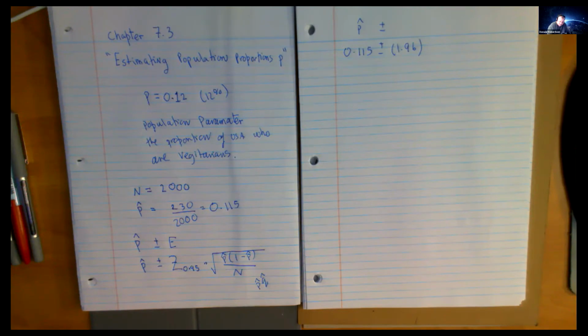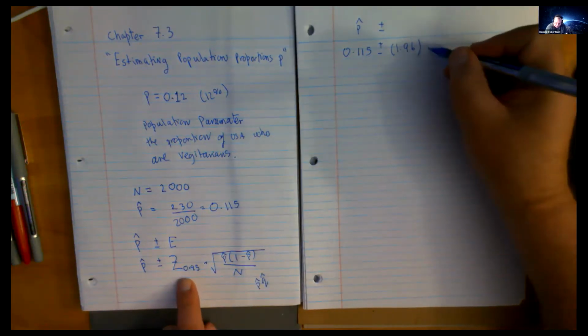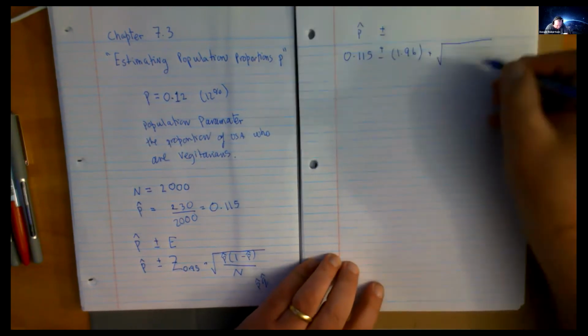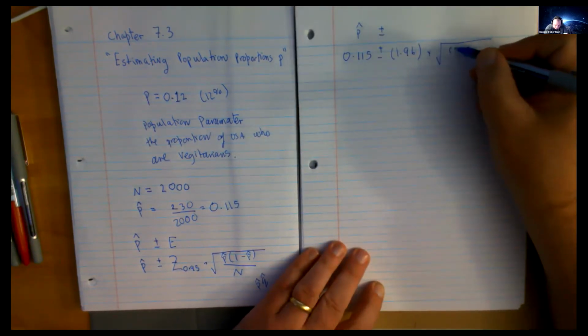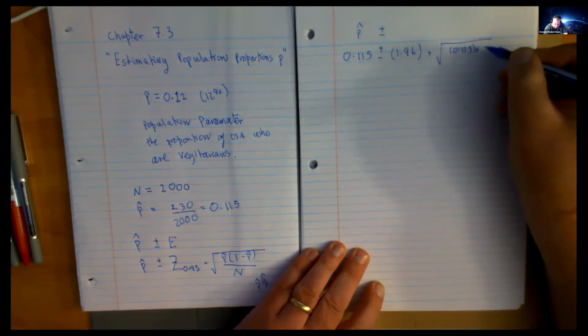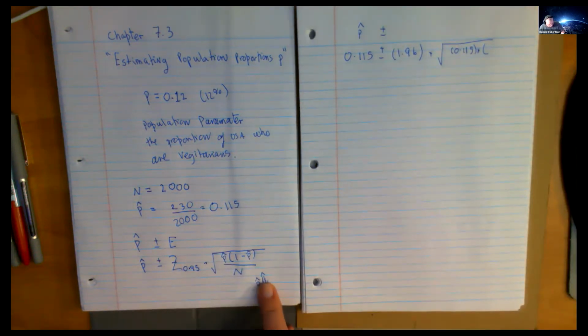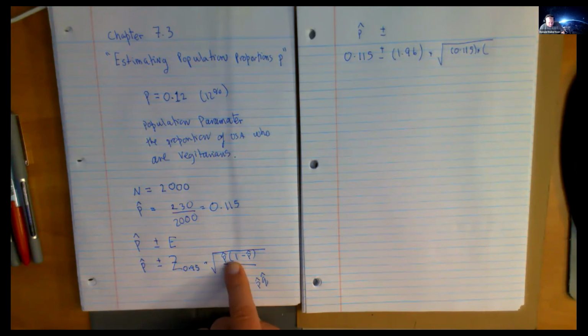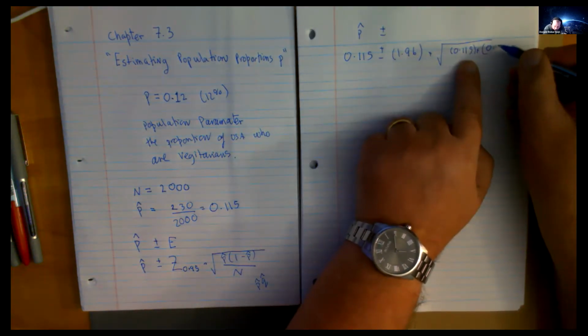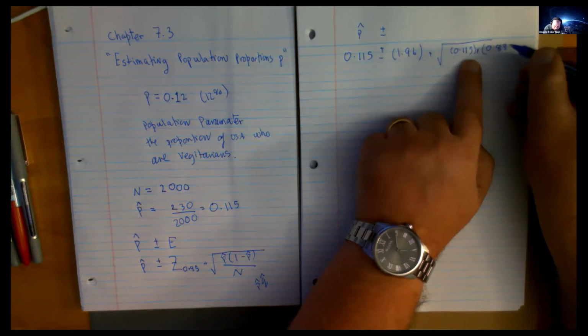So that's this guy times the square root of p hat, which is 0.115, times what they call Q in the textbook, which is the same thing as 1 minus p hat. So if you take this guy away from 1, you get 0.885.